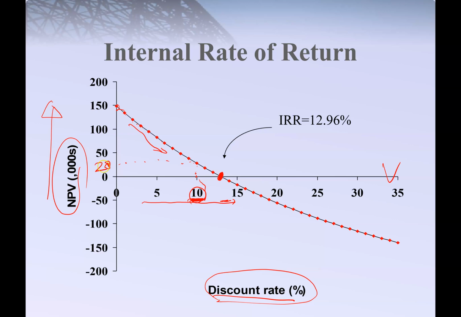So usually the NPV criterion and the internal rate of return criterion agree. If a project has a positive net present value, then it is likely that the project will have an internal rate of return that is greater than the opportunity cost of capital.